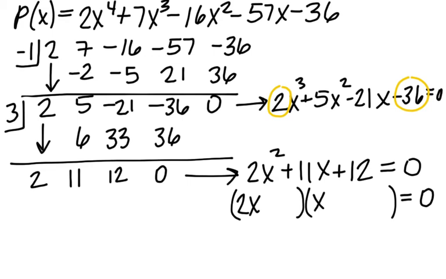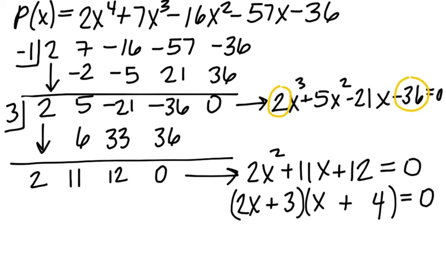2x times x will equal 2x squared. And if we choose a positive 3 and a positive 4, then the outside will give us 8x and the inside will give us 3x, which indeed will add to 11x. So this quadratic does factor. 2x plus 3 times x plus 4.